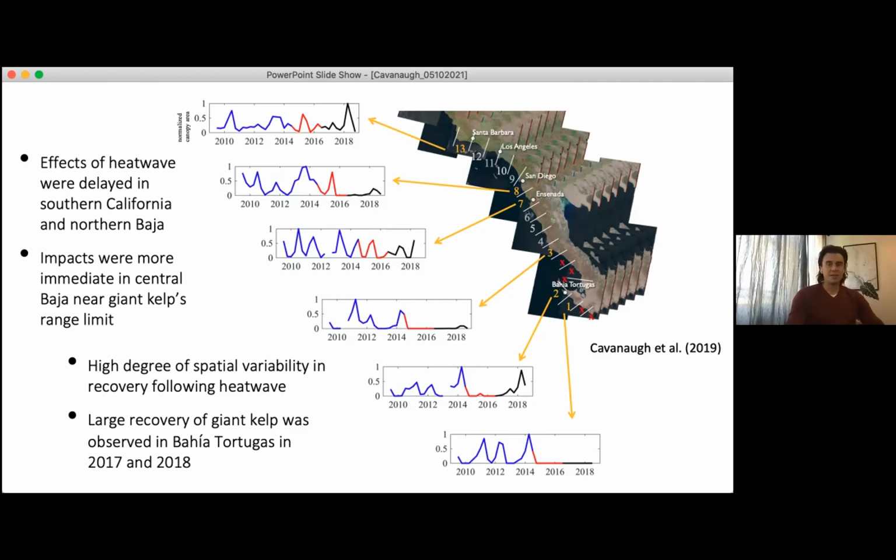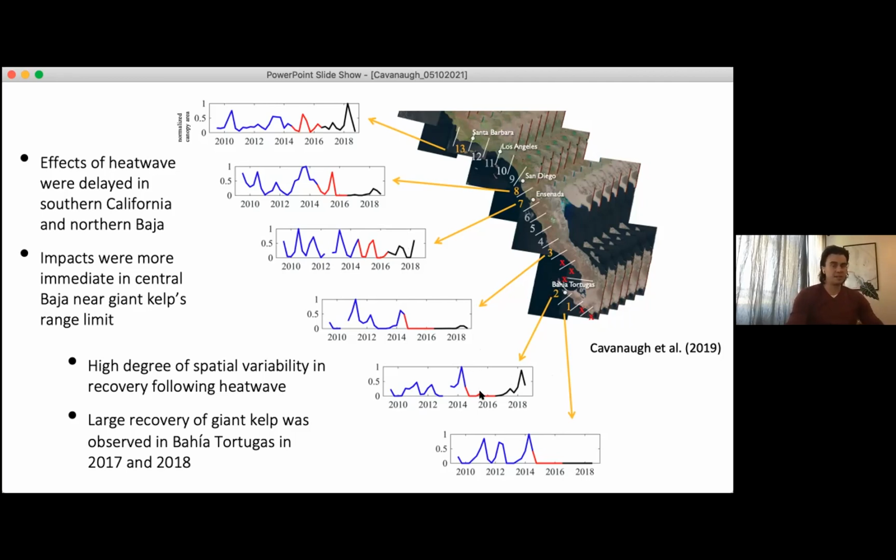Now, if we look at the three southern segments that I've identified here, the heat wave was a lot more immediate, towards the range edge, right? There was this decline in kelp abundance at the beginning of the heat wave, and then kelp was basically at very low levels throughout the heat wave and in the years following. One really interesting exception is this area, Bahia Tortugas, which is close to the southern range limit of kelp.